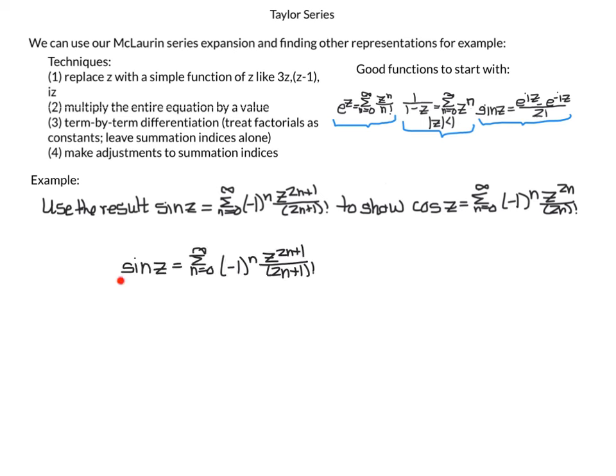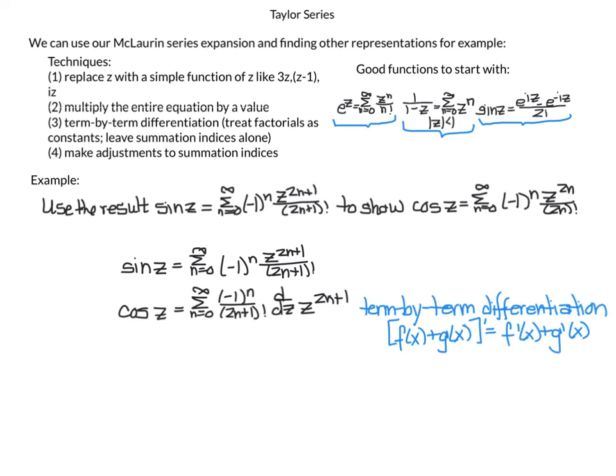And the first thing to notice is how sine and cosine are related. Looking at these techniques, they're related by differentiation. So I start with sine of z equals the summation from n equals 0 to infinity of negative 1 to the n, z to the 2n plus 1 over 2n plus 1 factorial.